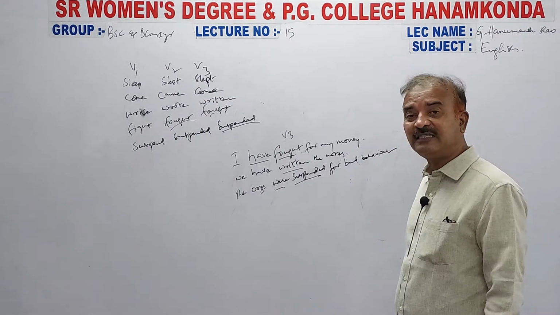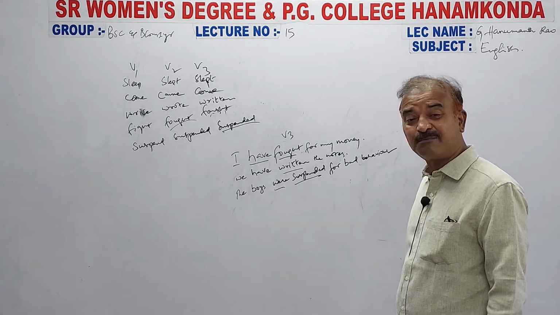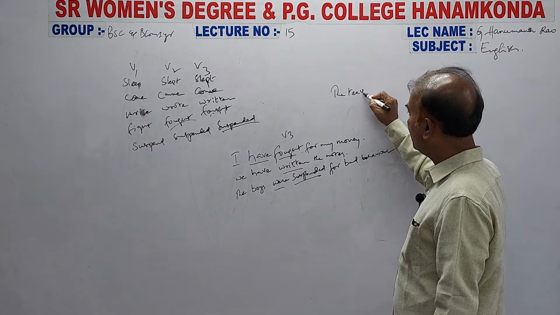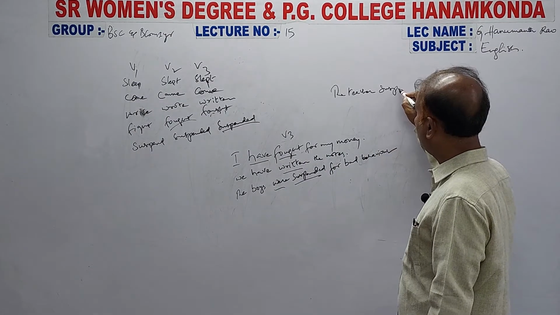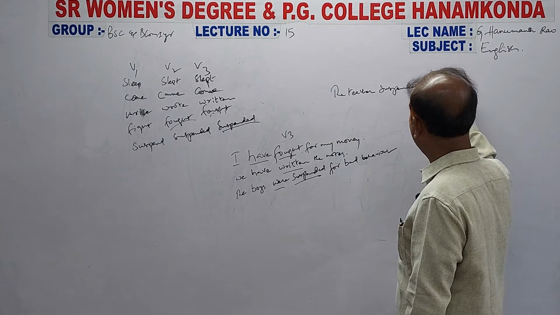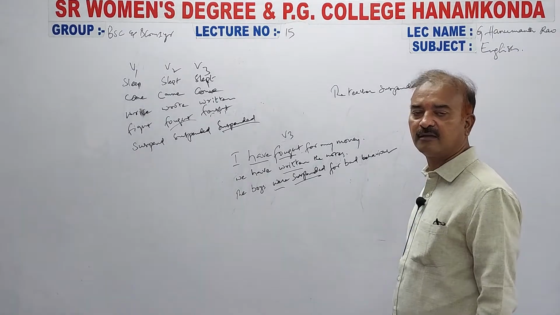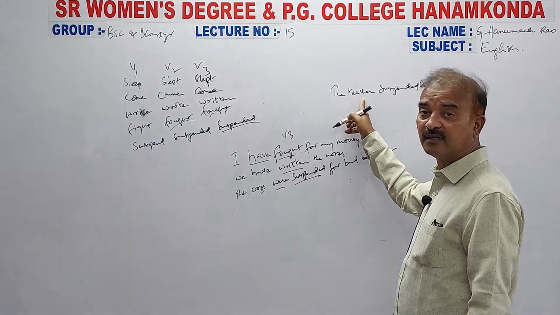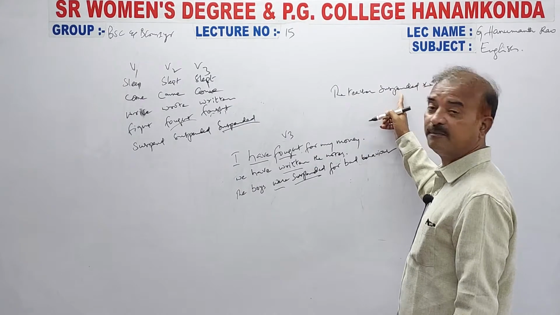For example, the boys suspend. The teacher suspended the boys. Check this one. The teacher suspended the boys. Now here, check this one. The teacher, this is the noun. This is the noun and this is the verb.